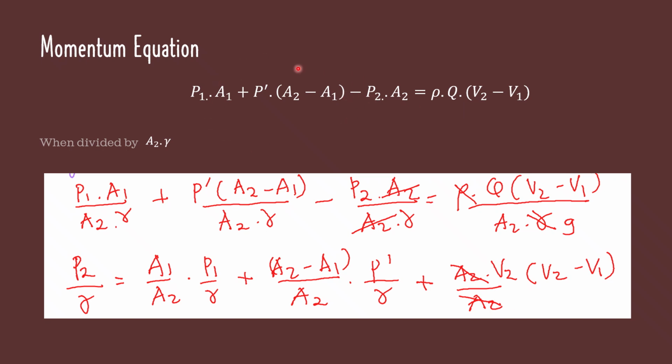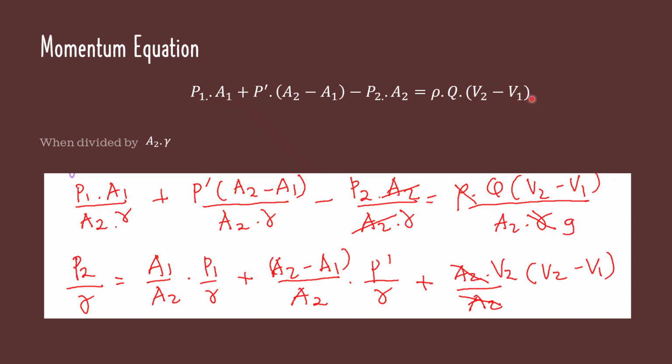And the force in the pipe, we have P times A. It determines the pressure, and then P2 times A is also a force because of the pressure, and then it is the change of the area, so it has P times (A2 minus A1).